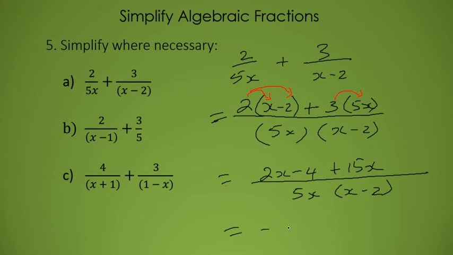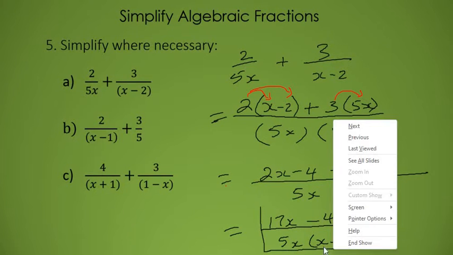And so our final solution, grouping the like terms, we have 2x plus 15x, which gives us 17x, and then minus 4. And of course, we write back our denominator, and since we cannot simplify that any further, that is our answer.